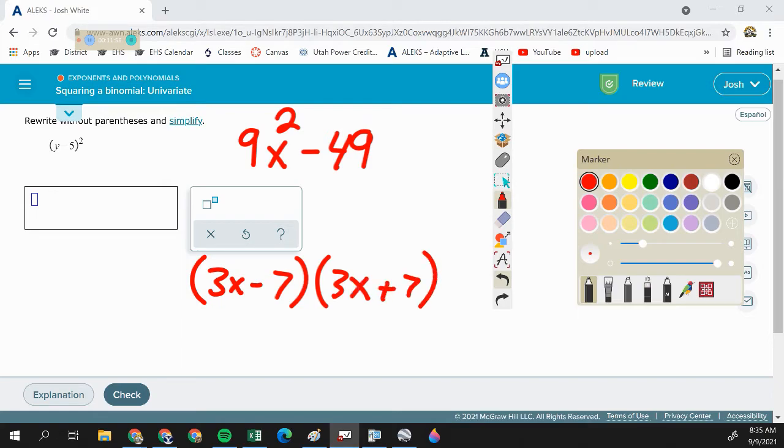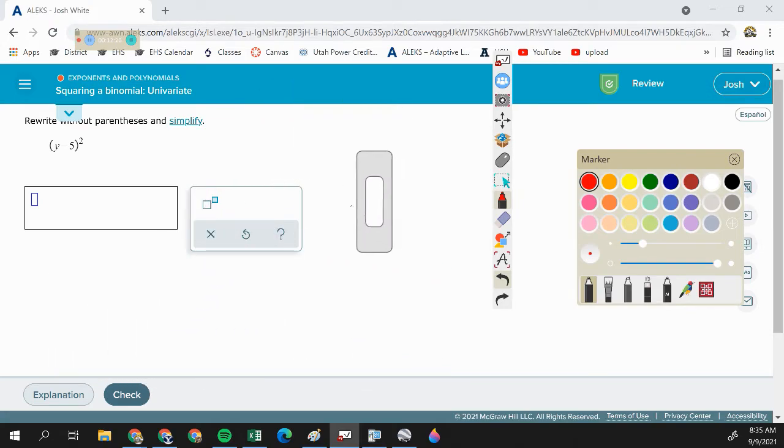What would the roots be? If I wrote equals 0, we would add 7 and divide by 3, and then subtract 7 and divide by 3, like that. Okay? All right.